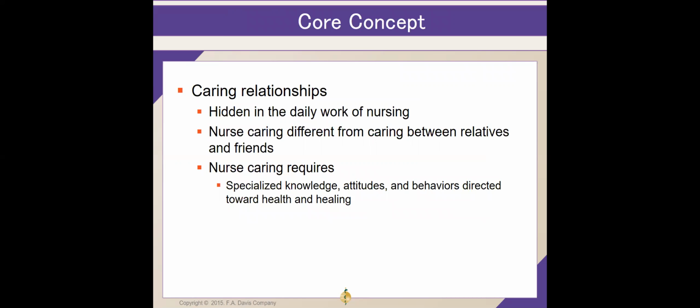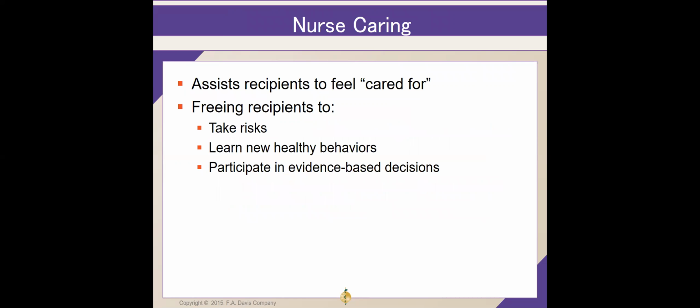So it requires specialized knowledge, attitudes, and behaviors. These are the KSAs, right? Knowledge, skills, and attitudes in order to perform nurse caring. It helps a patient feel cared for. It frees recipients to do these things.